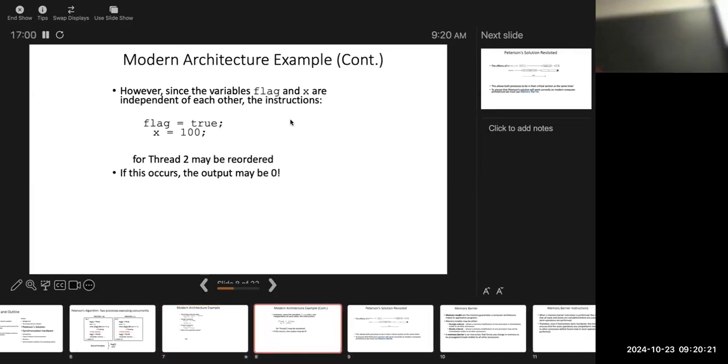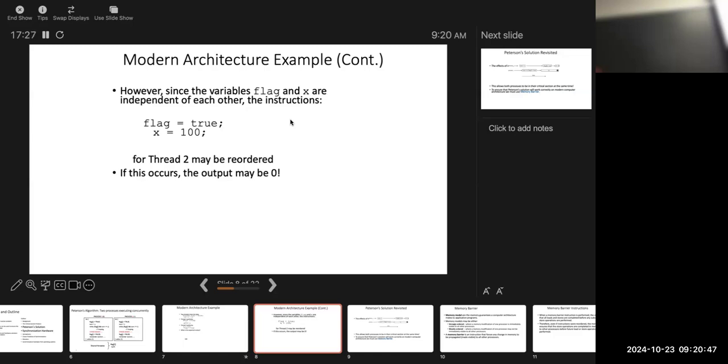But if the compiler reorders the instructions, let's say the compiler thinks that if it executes this instruction first and this one later, then as a whole it can increase performance. So it sets flag equal to true, and then it sets x equal to 100.